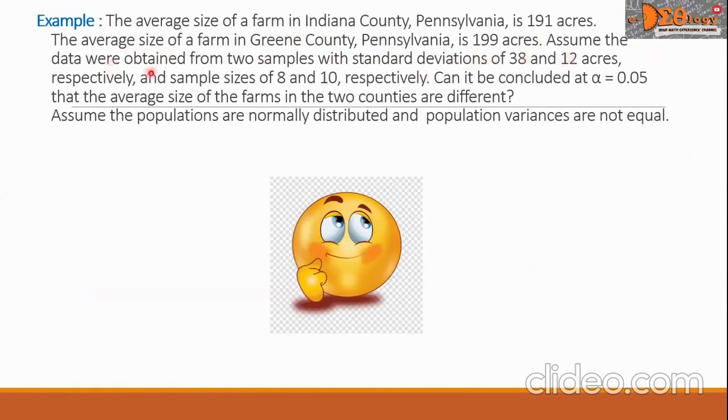Assume the data were obtained from two samples with standard deviations of 38 and 12 acres, respectively, and sample sizes of 8 and 10, respectively. Can it be concluded at alpha equals 0.05 that the average size of the farms in the two counties are different? Assume the populations are normally distributed and population variances are not equal.